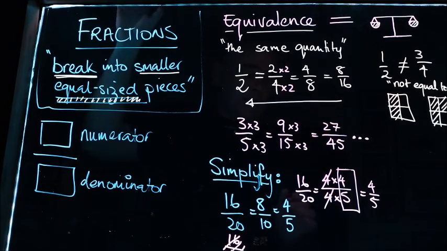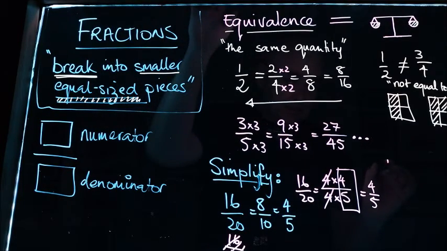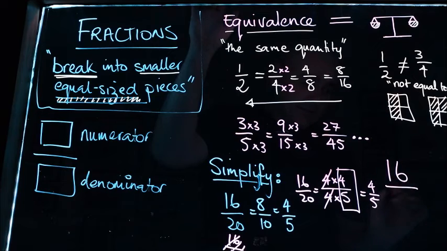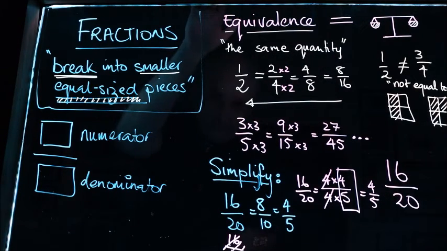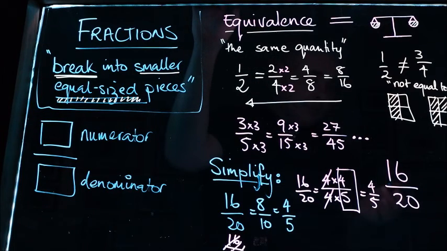Okay. Finally, I'll just write it a little bit bigger over here, 16 over 20. When we understand that and we get good at thinking this way, what I tend to do is if I see 4 as the highest common factor, and I often don't write this, HCF meaning highest common factor, what I do say is 4 goes into 16 4 times, and 4 goes into 20 5 times.